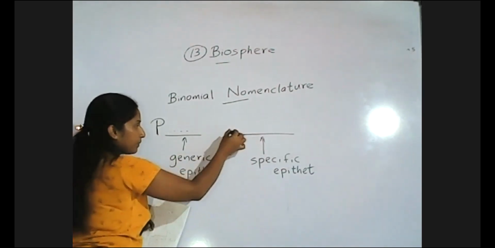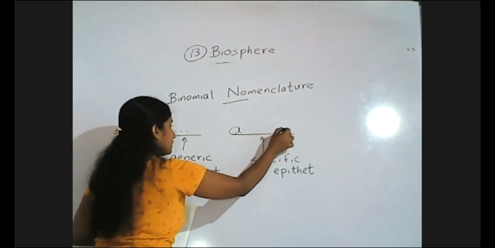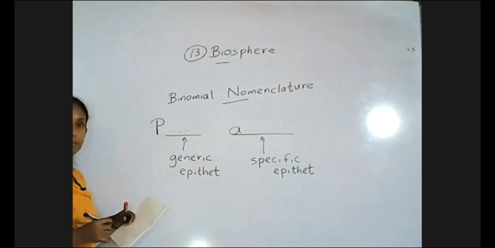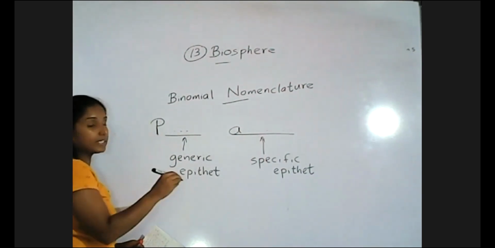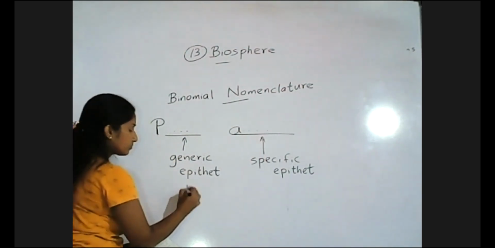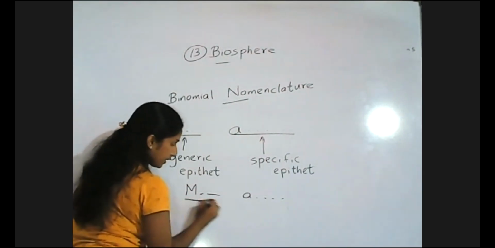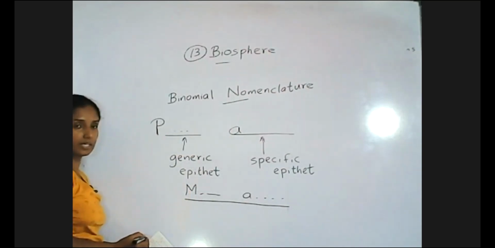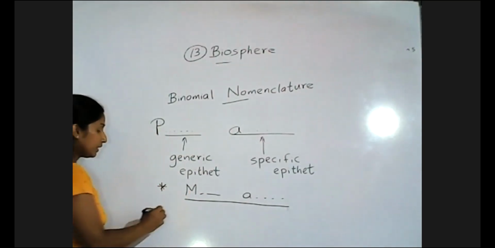In the second epithet also, it starts with a simple letter and all the other letters are simple. And when we write in handwriting, we write the name in this way and we have to underline it.